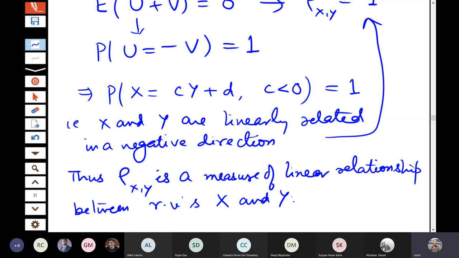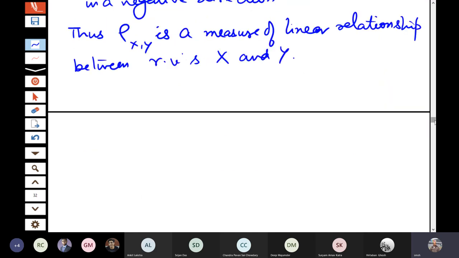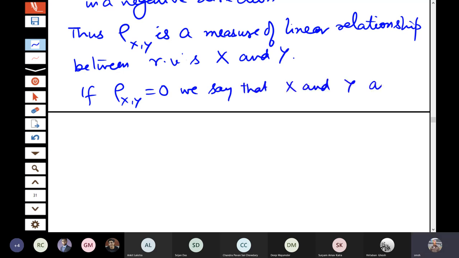And of course, you have one middle case: if rho xy is equal to 0, we say that x and y are linearly uncorrelated.